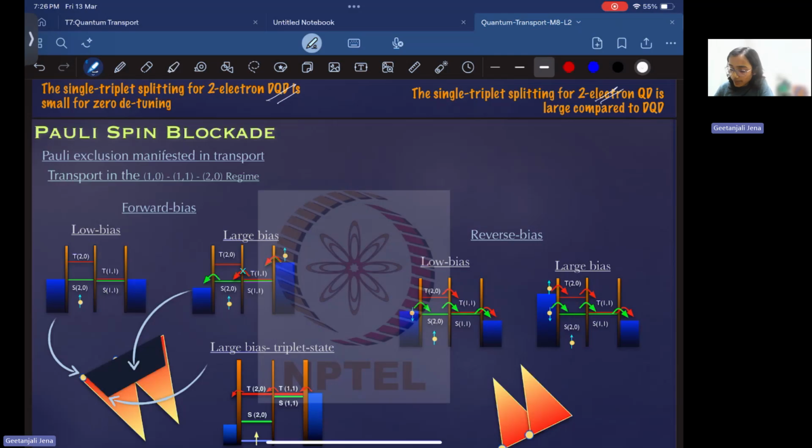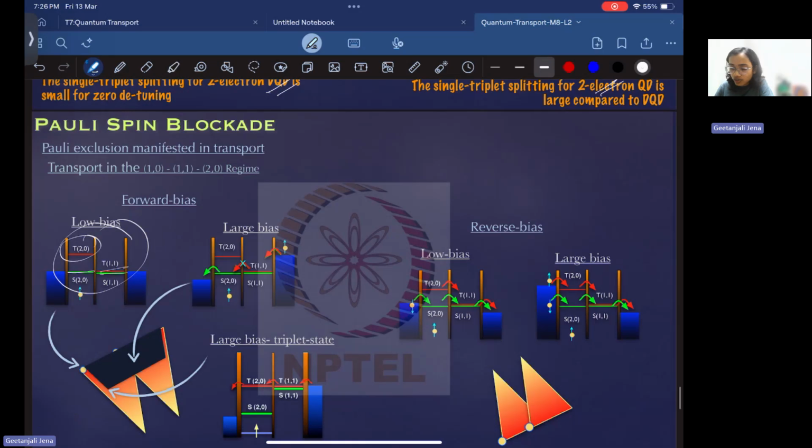And we are seeing that if you look at this energy level diagram, only these energy levels are aligned properly with the Fermi energy. So that means this state won't participate in the charge transport process. So let's say we are adding a spin-up state for the low bias case. This spin-up state can tunnel to this state, but it can't couple to this left quantum dot because there is already a spin-up state there.